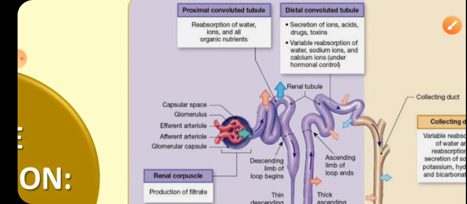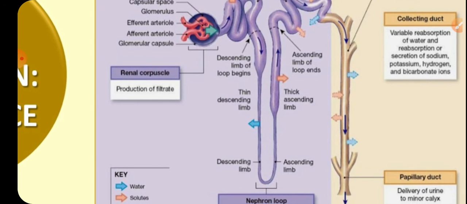After that, reabsorption takes place in the PCT, that is the proximal convoluted tubule, which reabsorbs most of the nutrients and approximately 70 to 80% of electrolytes and water. After that, the descending limb is permeable to water but almost impermeable to electrolytes.